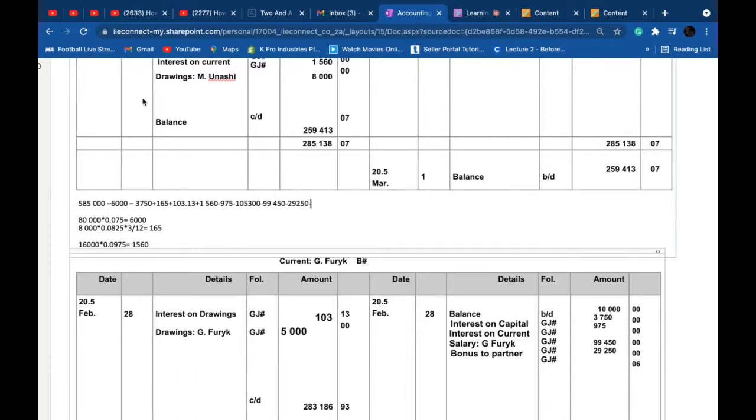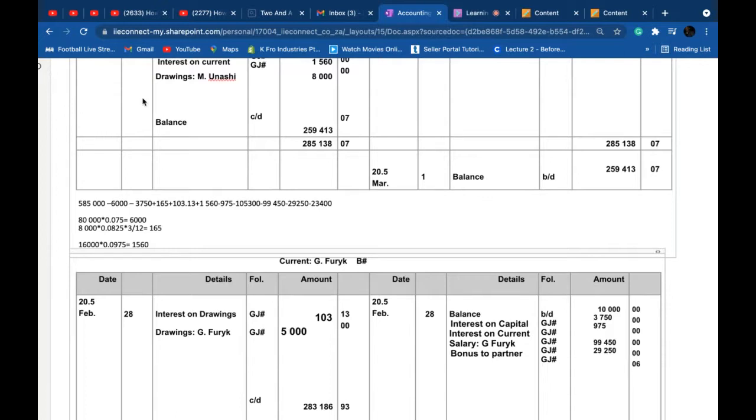And then, guess what? We have the replacement reserve. We have to deduct that off of this profit because we're keeping it. We're not distributing it to the partners. Does that make sense? So we're deducting that 23,400, I believe it is. Yes. So that's where we would use that information.